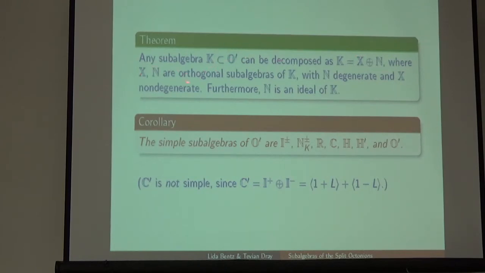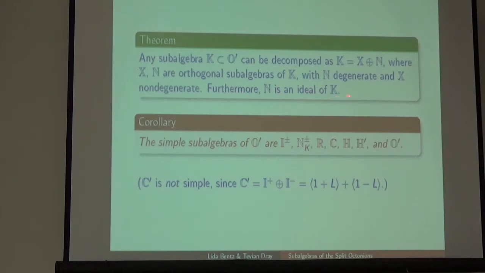It's an orthogonal decomposition where one of these spaces, N, is degenerate, totally null, all dot products are zero in that space. And everything in N is orthogonal both to everything else in N, but also to everything in X. Okay, so a totally null piece and a piece that you're used to.